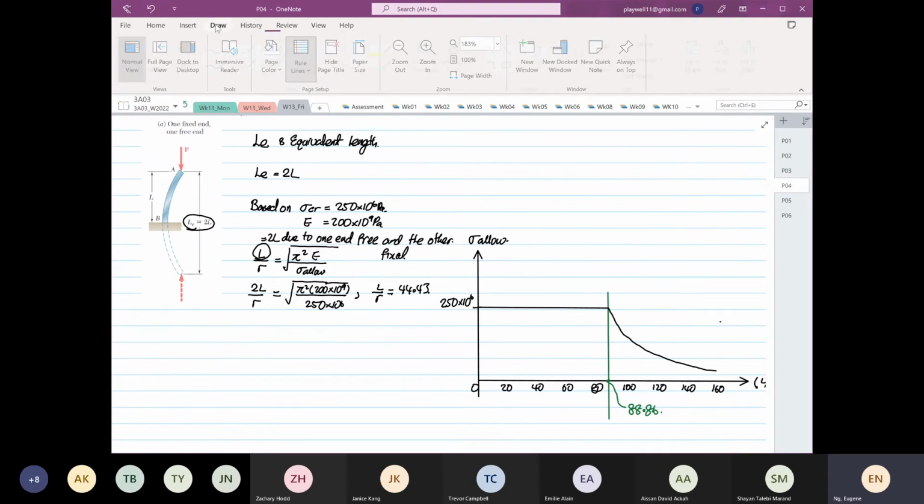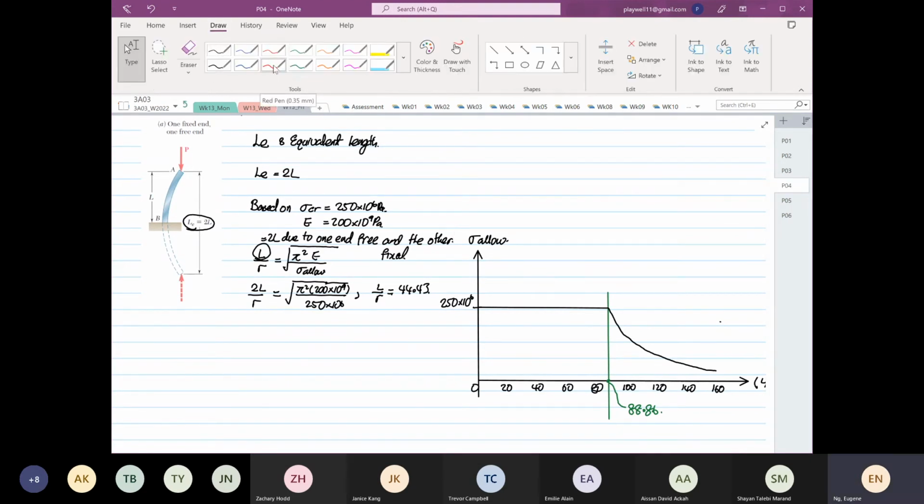I'm going to eyeball this, okay? 44.43 is somewhere around here, halfway sounds good. So over here now our value is 44.43. Okay, so I'm going to draw in red. So now it will go flat and then it will reduce after 44.43.